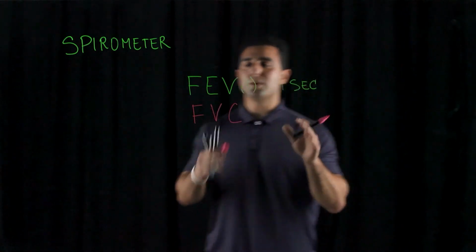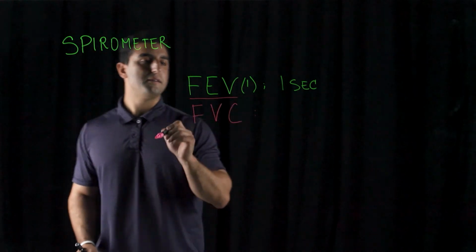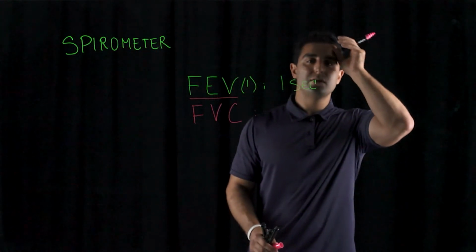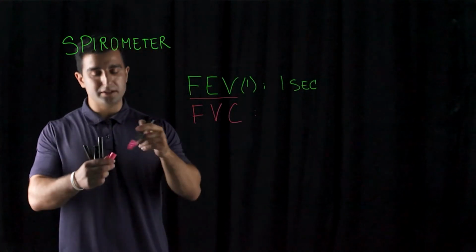Based off of these ratios, you can distinguish whether there's an abnormality or everything is fine, good to go, you can leave and you're wasting the doctor's time.